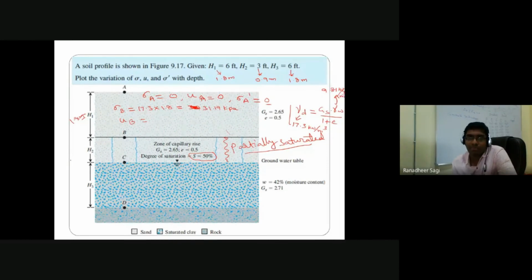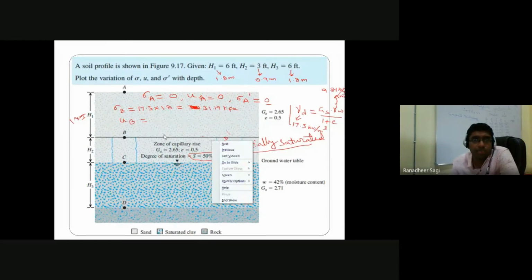You have to be a little careful when calculating the pore water pressure at point B. Why? Because just above the position of point B, it is a dry soil. Just below the position of point B, you have the effect of capillary rise. So when you are estimating the pore water pressure at point B, please be careful.